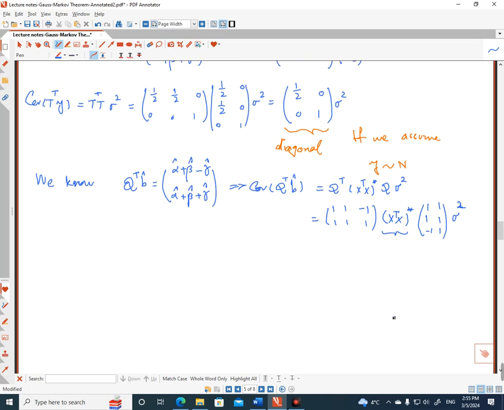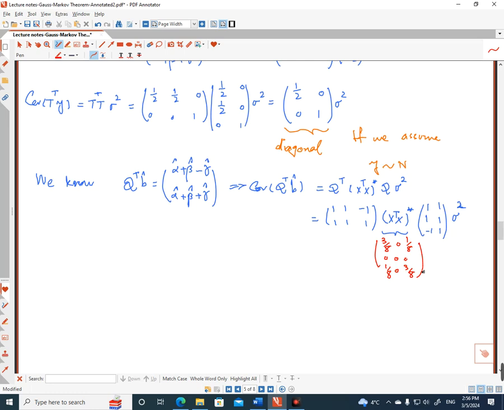Just in order to finish this example, for a moment suppose that with one method I've obtained the generalized inverse, and the generalized inverse is equal to this matrix. Let me write the elements: 0, and then 1/8, 3/8.